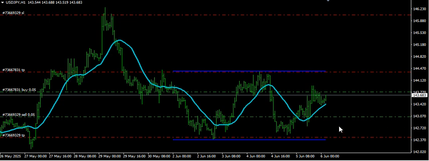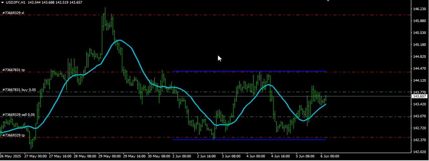So how would you know if this up is complete and it is going down? It will dive below this 20 moving average after touching this top, this support resistance top.